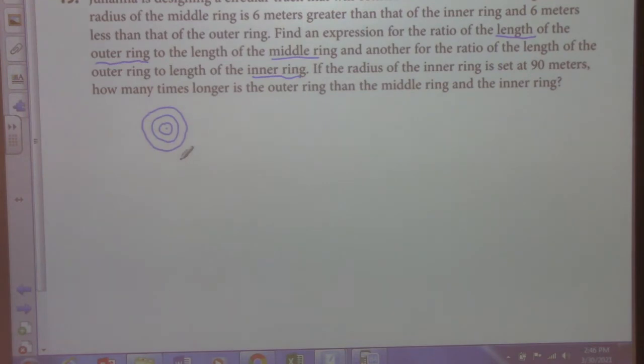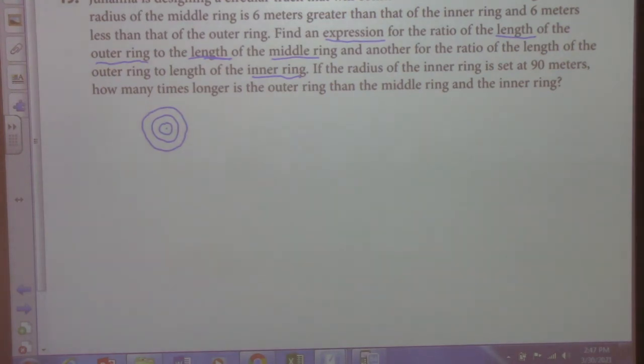Well, first we start with the 90 meter inner ring. Ben is right about that, but right now what I recommend doing first is finding an expression for the ratio of the length of the outer ring to the length of the inner ring. So we're going to talk about an expression. Before we actually plug in 90 for the radius, I want to get an expression first.